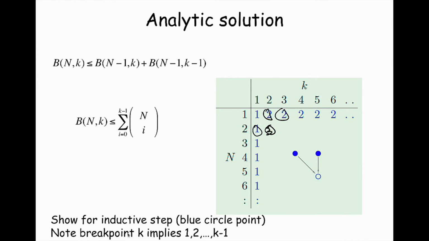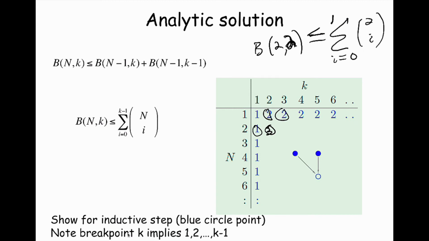Now, of course, if we said 2 and 2 here, just for the sake of completing this thought, B(n equals 2, k equals 2) is less than or equal to the sum for i goes from 0 to k minus 1, which is 1. And then we have 2 choose i.